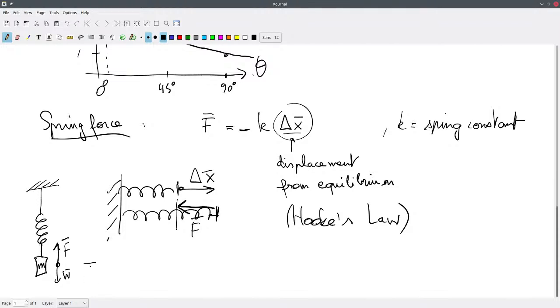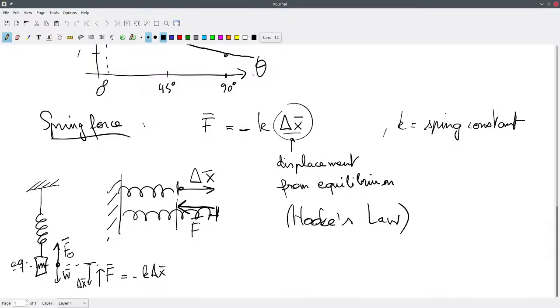And if I pull down the mass a little bit further, so that there is a delta x in addition to this equilibrium position, then the additional force, let's call this F0, the additional force F will be minus K times delta x as well. So we can treat this from any equilibrium position.